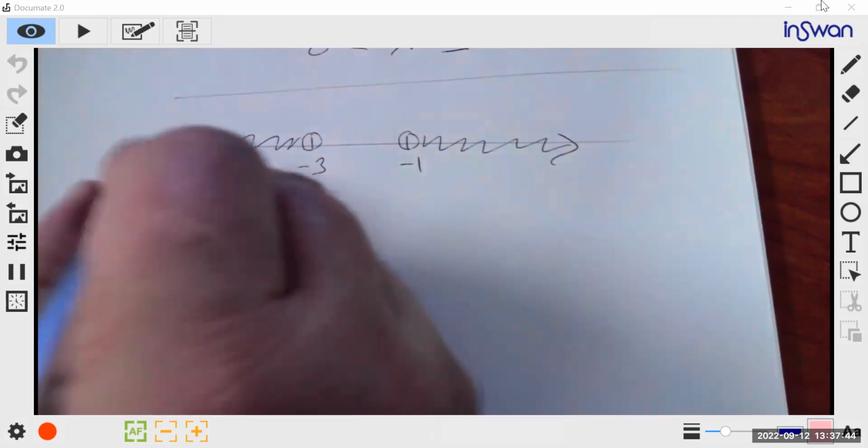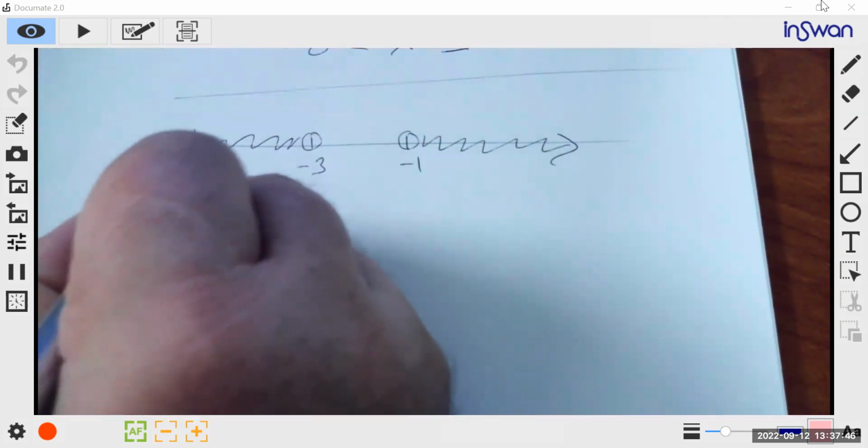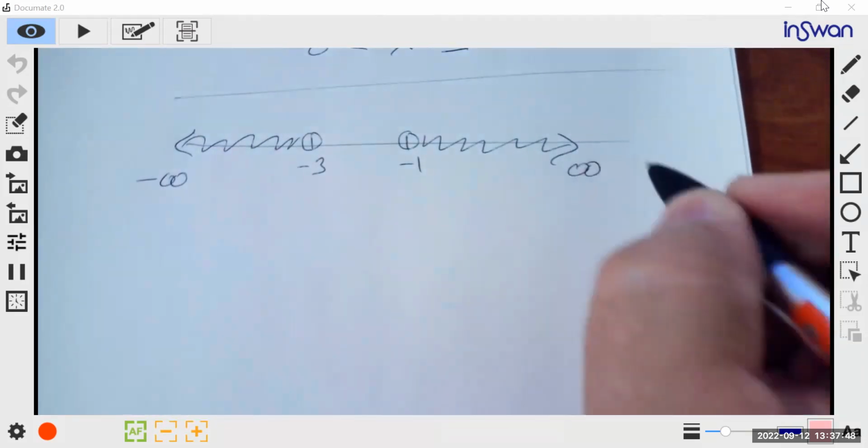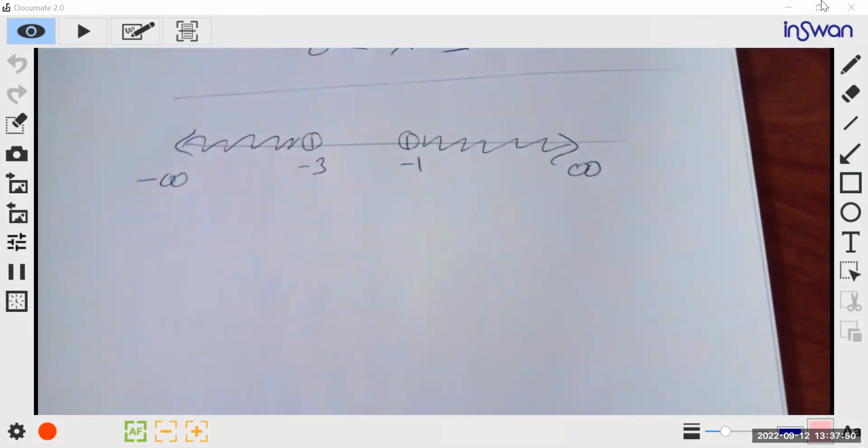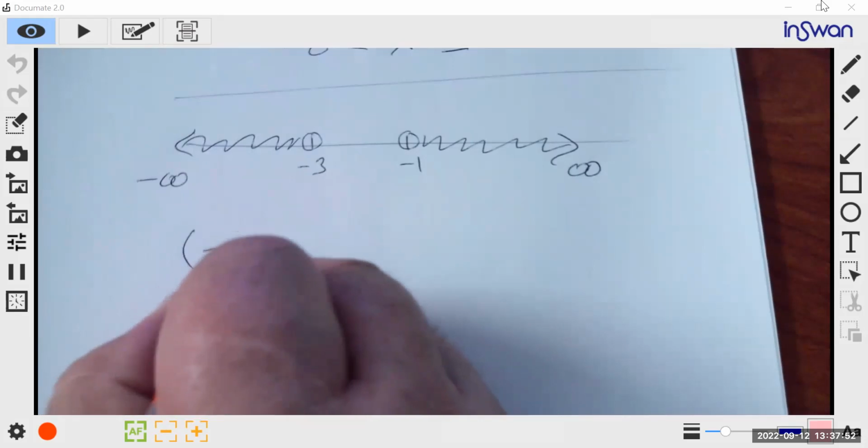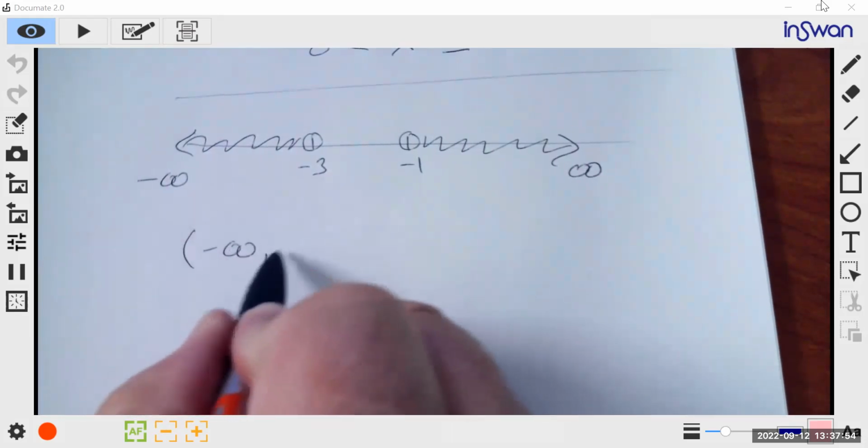Interval notation. So this left side's going all the way to negative infinity, and the right side's going positive. So what do I have? I have negative infinity to -3.